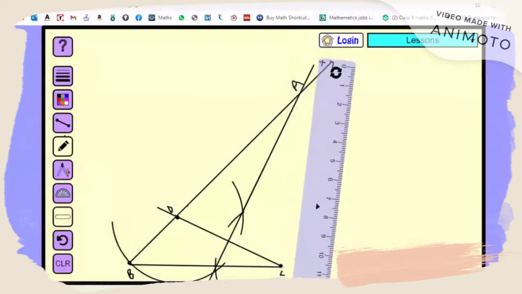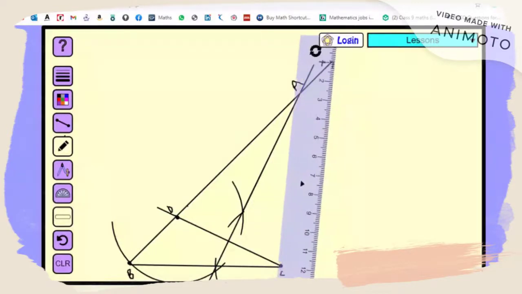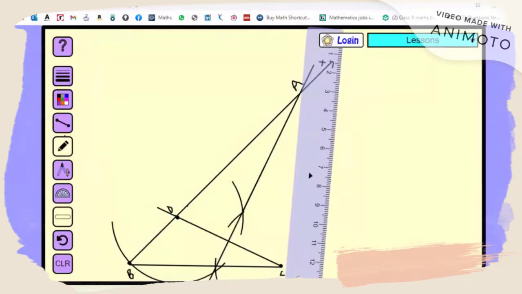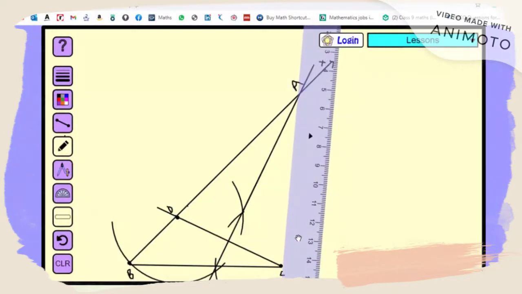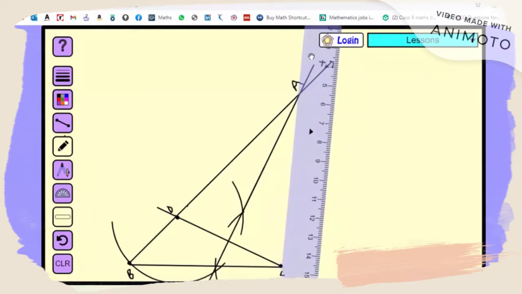Okay? Yes, sir. So now once you join these 2 points, then you will get your required triangle.